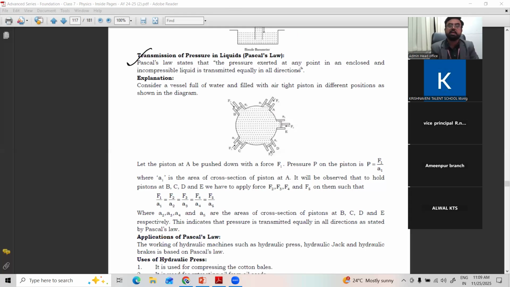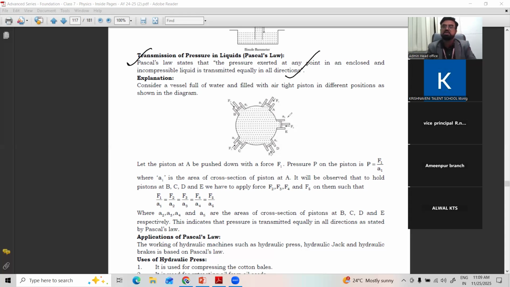The pressure exerted at any point in an enclosed and incompressible liquid is transmitted equally in all directions. See, this is an enclosed device or it is completely locked here. When you open all the ends, the pressure will distribute equally. It distributes equally in all directions. That is the statement of Pascal's law.